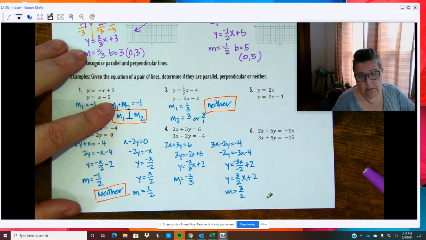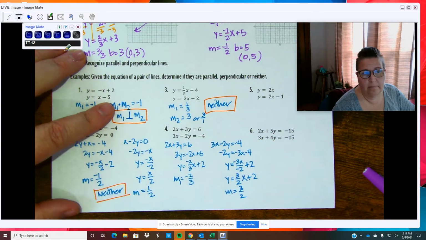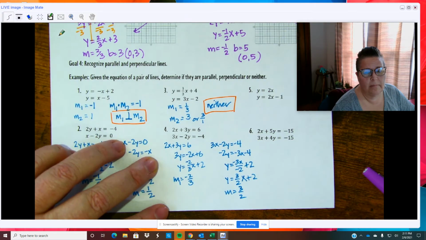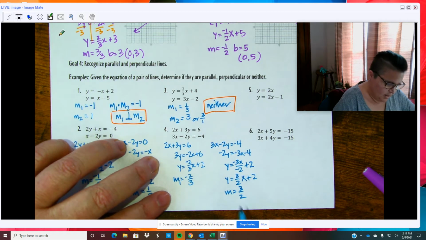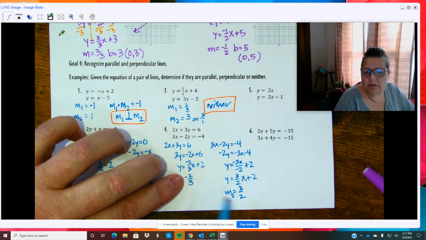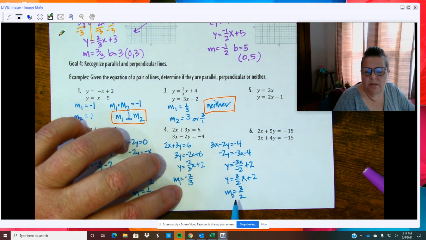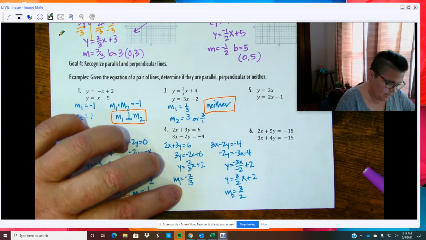Okay, these two slopes are not the same, m1 and m2. They are reciprocals. Look at that. 2/3, 3/2. So they do meet the reciprocals, and one is positive and one is negative, so they could be perpendicular.